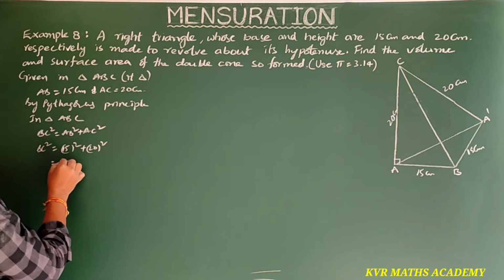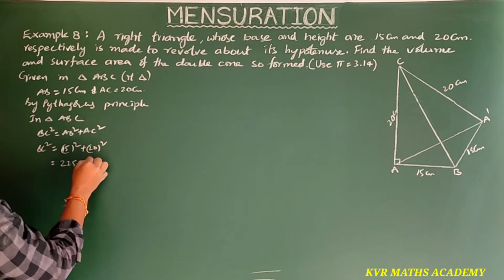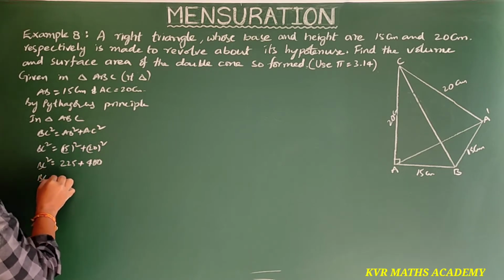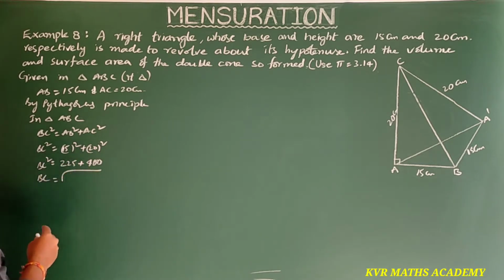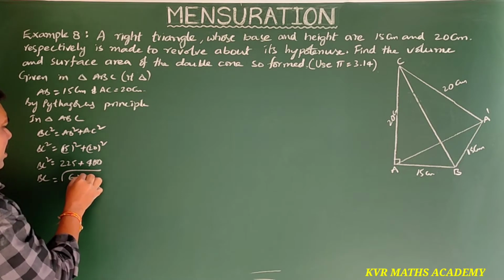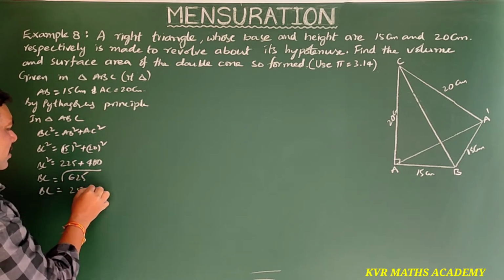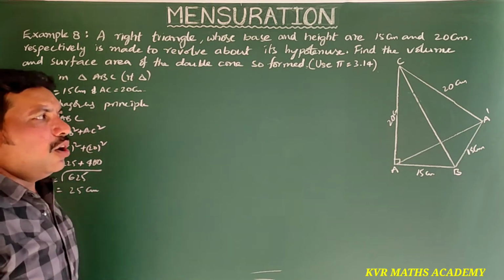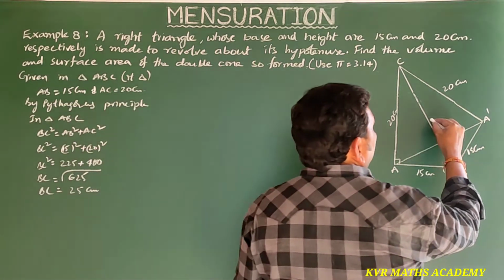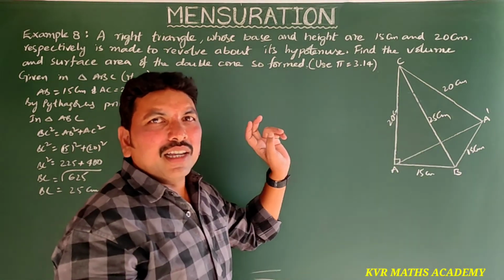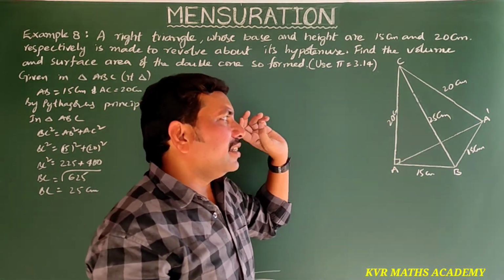That is equal to 225 plus 400. So BC is equal to root of 225 plus 400, that is root 625. BC is equal to 25 centimeters. So how much did you get BC? Yes, 25 centimeters. BC, the hypotenuse, is 25 centimeters.